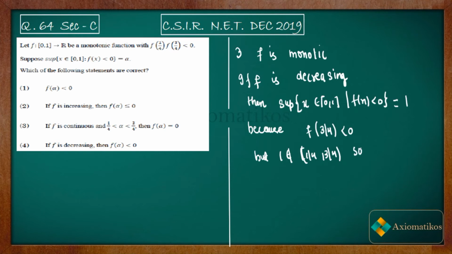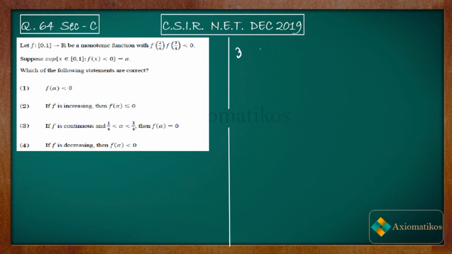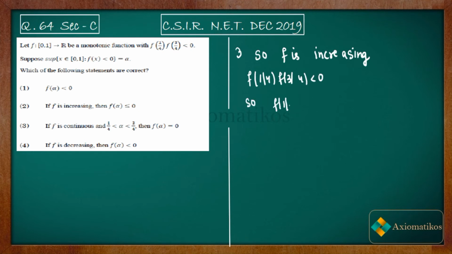So f is not decreasing. So f is increasing. Now f of 1 by 4 times f of 3 by 4 is less than 0. So f of 1 by 4 will be less than 0 and f of 3 by 4 should be greater than 0, because f is increasing.